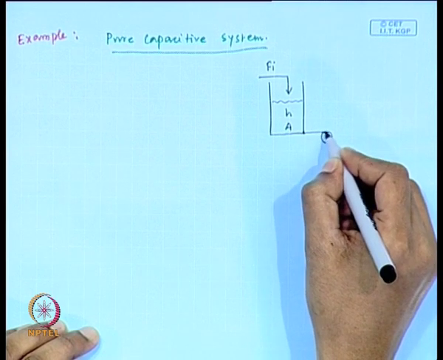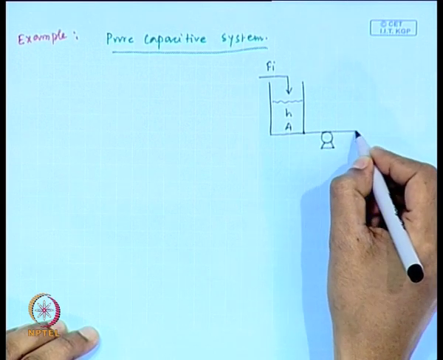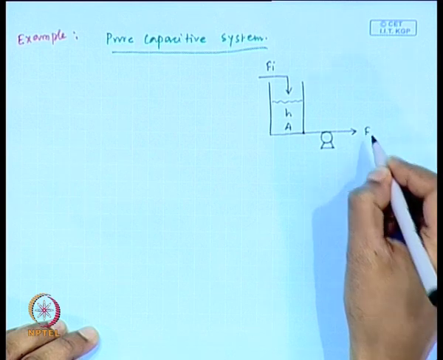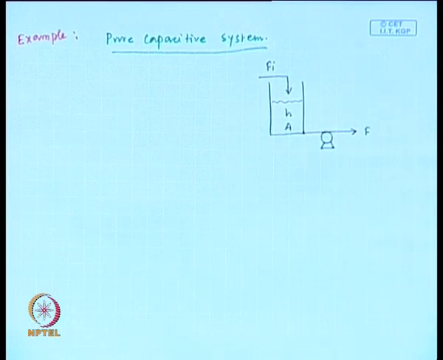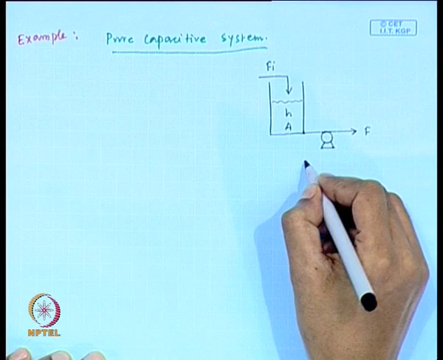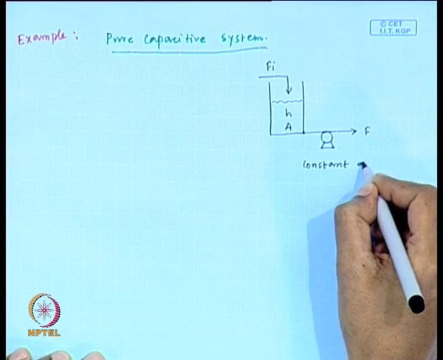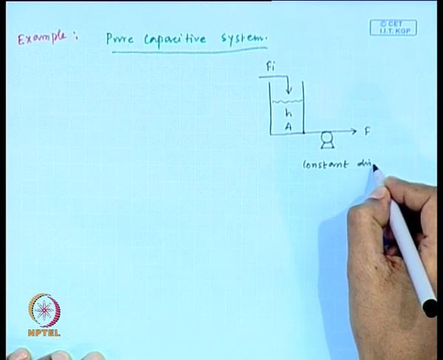In the outlet section, one pump is installed, which delivers the outlet or effluent stream with a flow rate of F, and this is a constant displacement pump.